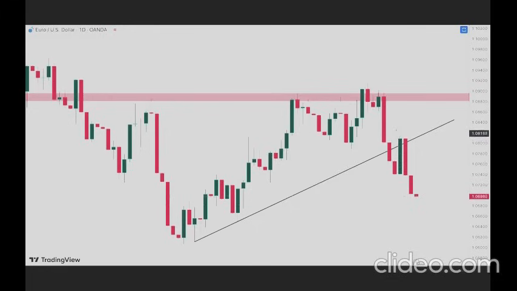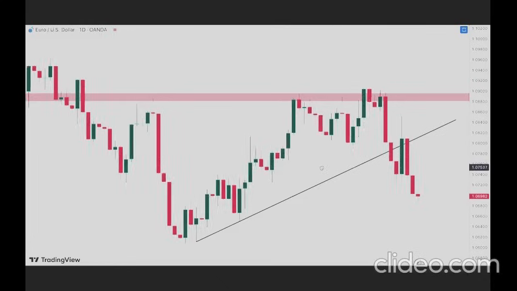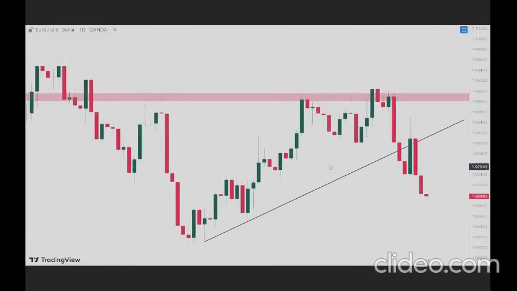Though it was hard to catch this move using this trend line, but still we are going.